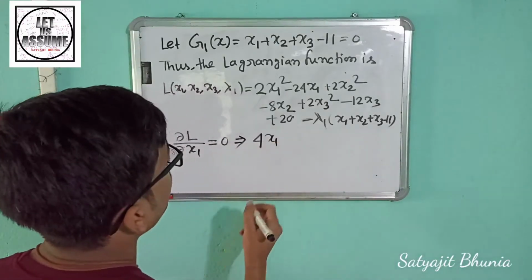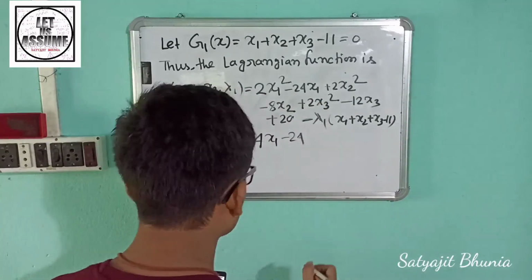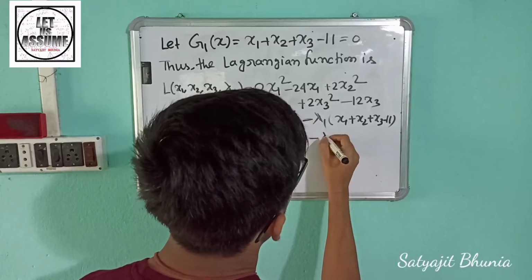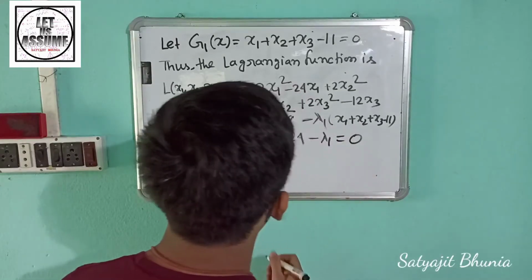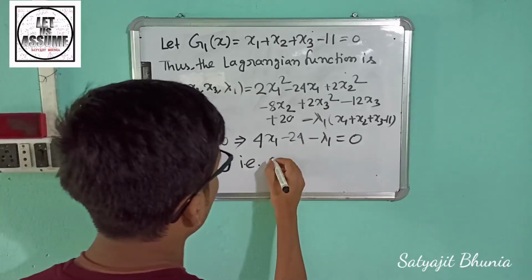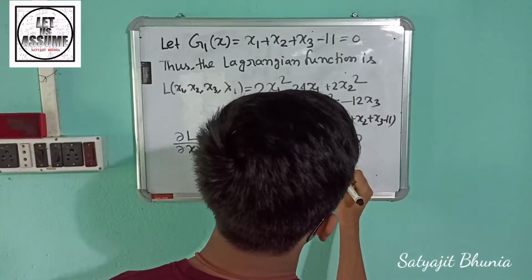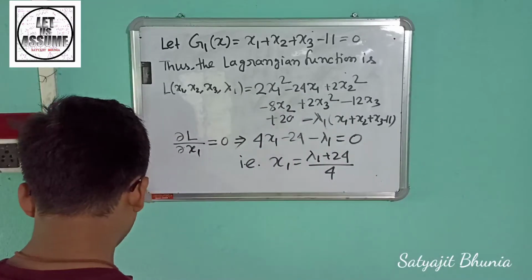4x1 minus 24 minus lambda 1 equals 0. From this we get x1 equals (lambda 1 plus 24) by 4.